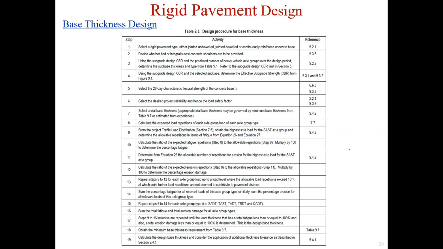Then we calculate the expected load repetitions of each actual group load of each actual group type. From the traffic load distribution, we find the highest actual load for the SASD actual group and determine the allowable repetitions in terms of fatigue.